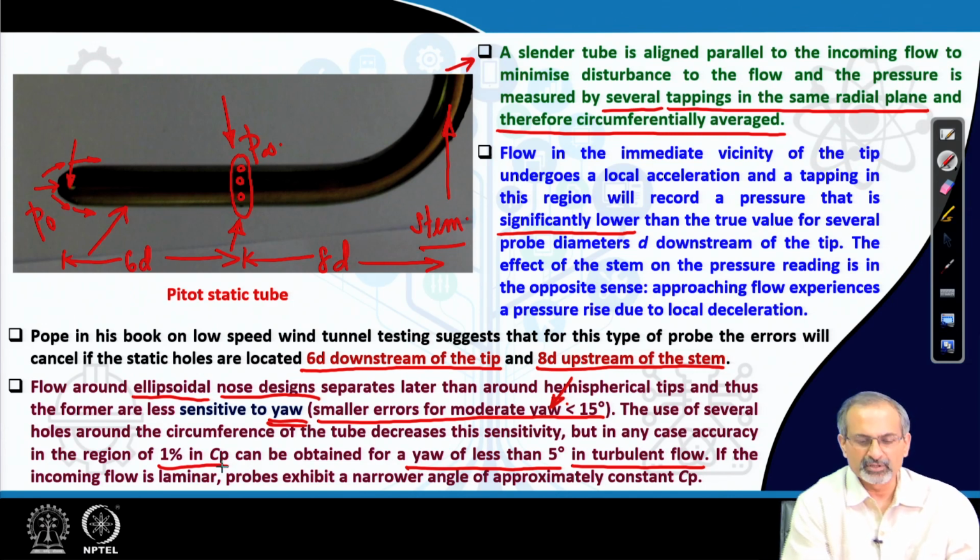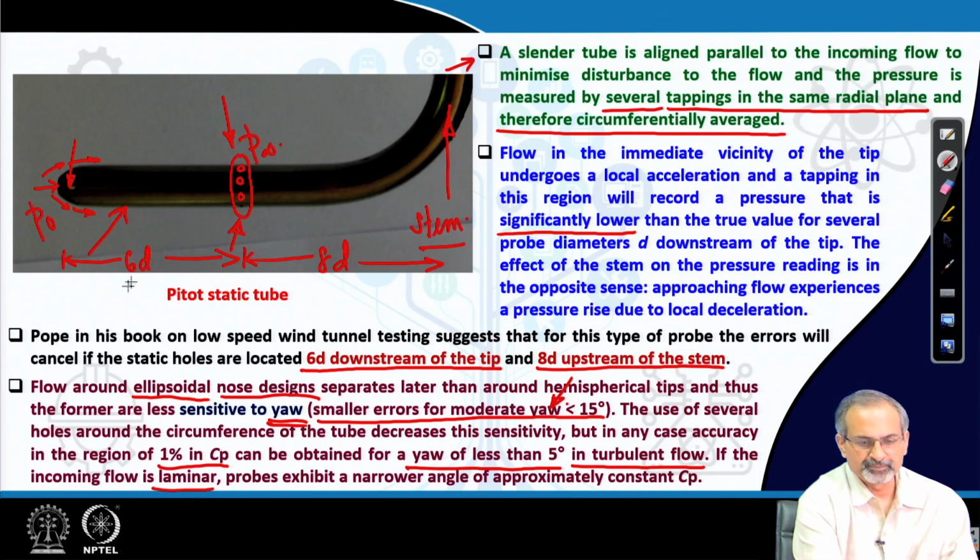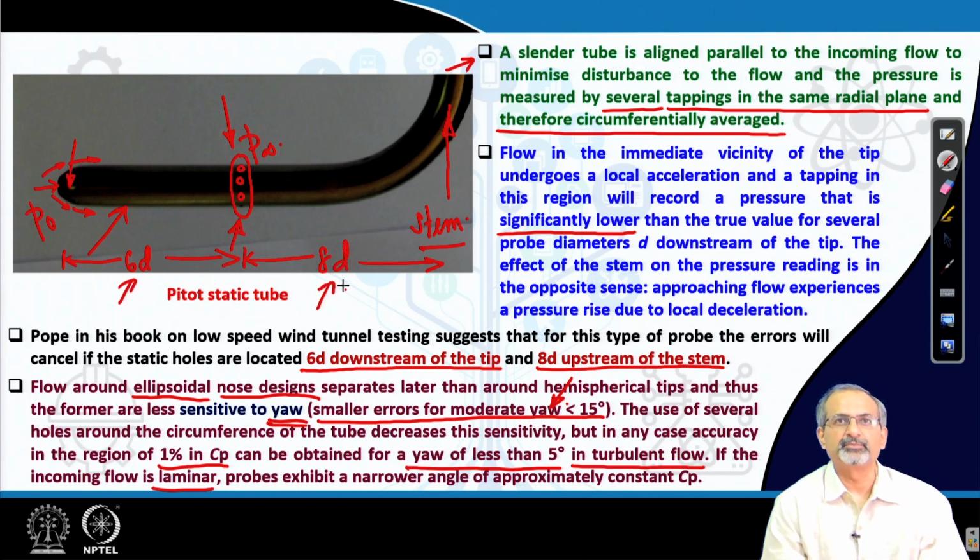If the incoming flow is laminar, then the yaw angle needs to be even lower than 5 degrees in terms of error with respect to the free stream. So, these are very important issues with respect to the placement and orientation of the probe, and the design of the probe based on the distances from the tip to the stem as far as the static ports are concerned.